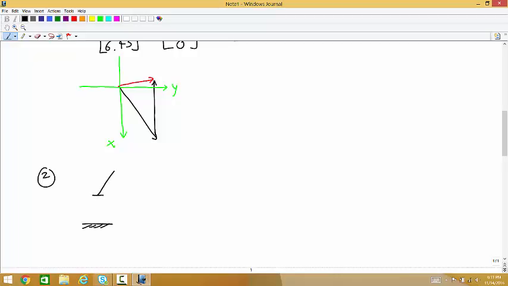So its path looks something like this, where this angle is 25 degrees. And that means that this angle is 65 degrees.